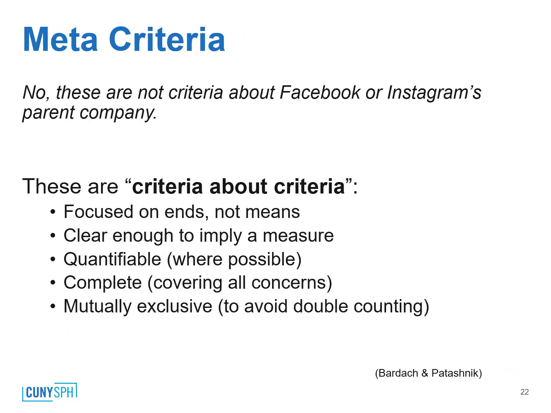When we talk about criteria, we're talking about the standards we use to evaluate policy options. But not all criteria are equal. Some criteria are vague and may overlap, or are even impossible to measure. That's where meta criteria come in. These are basically rules for judging the quality of our evaluative criteria.